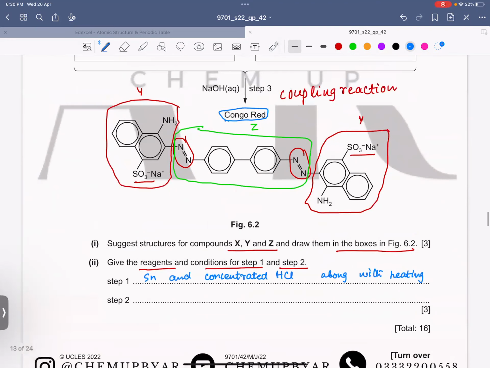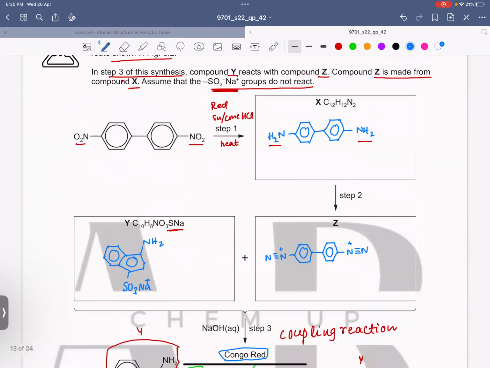Now in step 2, the amine is turning into benzene diazonium salt. And if you recall this reaction, we use NaNO2 and HCl at a temperature below or equal to 10 degrees Celsius.